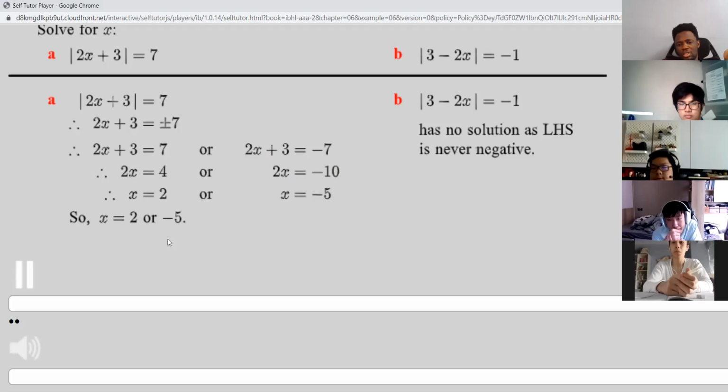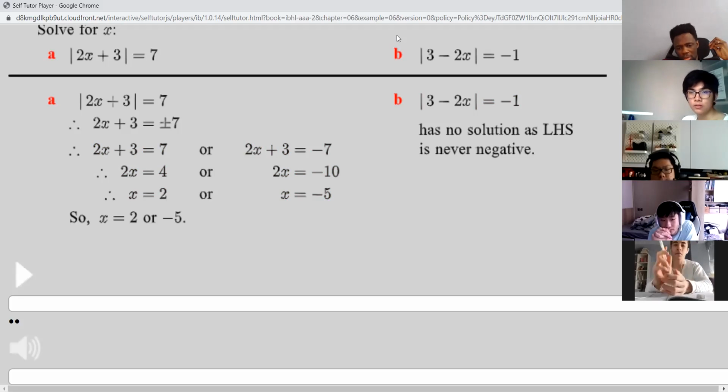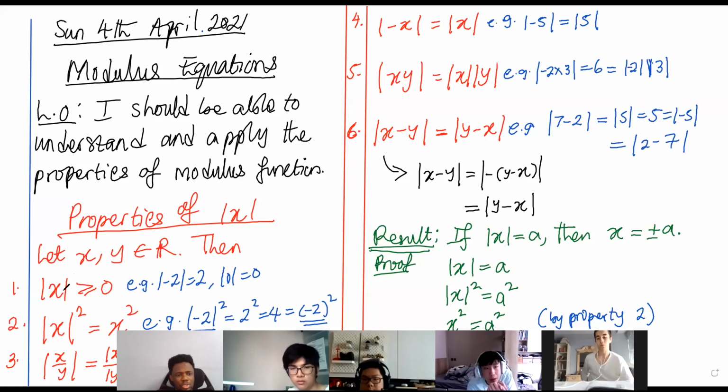So just state the first property: since the absolute value of A is greater than or equal to 0, this problem has no solution. I said A because the question asks for x as the variable, so you shouldn't use x again. You change this to A or P, something like that.